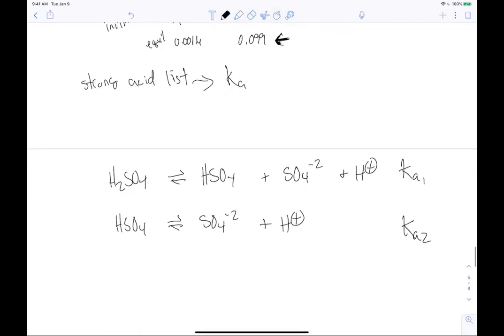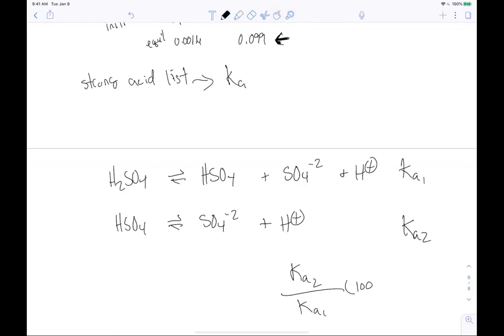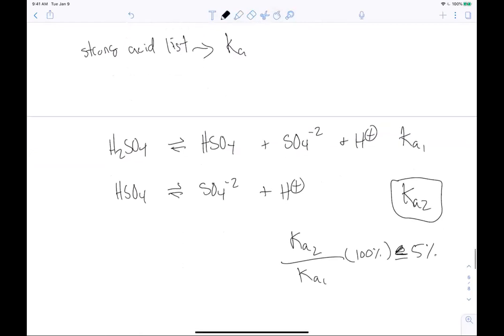I'm not sure what the hard and fast rule there is, but if you've got Ka2, divide that by Ka1, multiply that times 100%. If that's less than or equal to 5%, let's say, then Ka2 is insignificant. That probably holds as well, if that's your question.